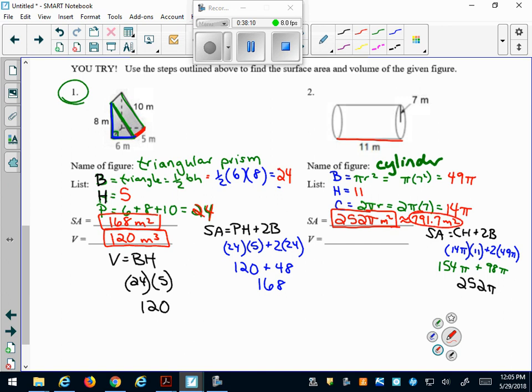All right, volume. Again, capital BH, area of the base times the height. So we're just going to pull from our list here. Area of the base is 49 pi. Height is 11. Multiply 49 times 11, and you get 539 pi.